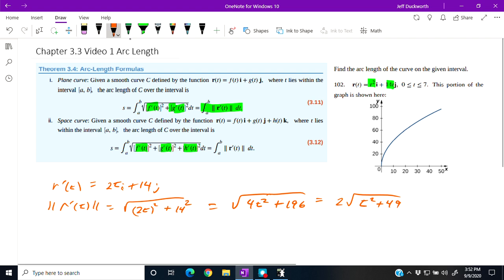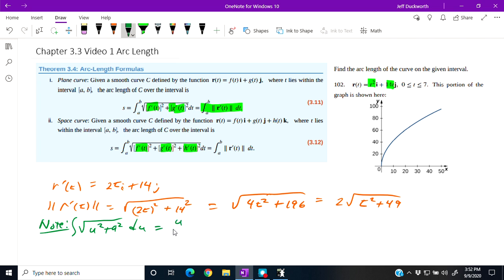And you're going to use one of the integral formulas that you learned in Calculus 2. And if you recall, if you're in a situation where you take the integral of the square root of u squared plus a squared, that's u over 2 with that same radical, and then a squared over 2 and the natural log of u plus the square root of u squared plus a squared.